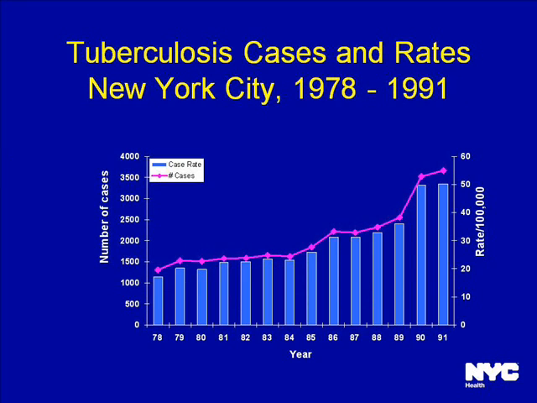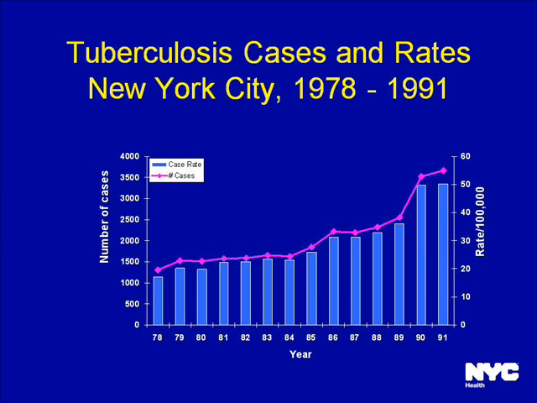So, many of you may be familiar with this slide. It shows the epidemic curve of TB cases in New York City spanning from 1978 to 1991. And I think this is representative of what was going on in many parts of the country at that time, when we saw a resurgence of tuberculosis after decades of decline in the number of cases of tuberculosis.